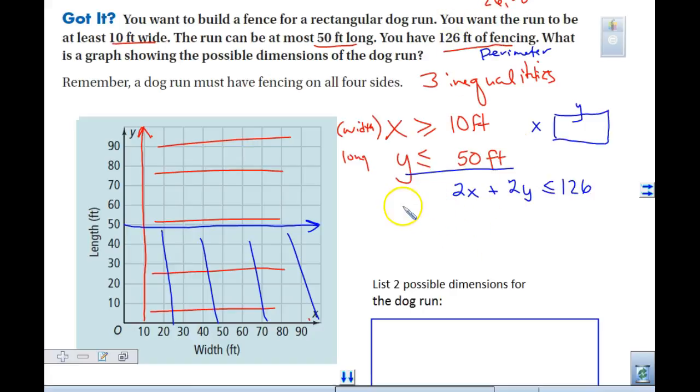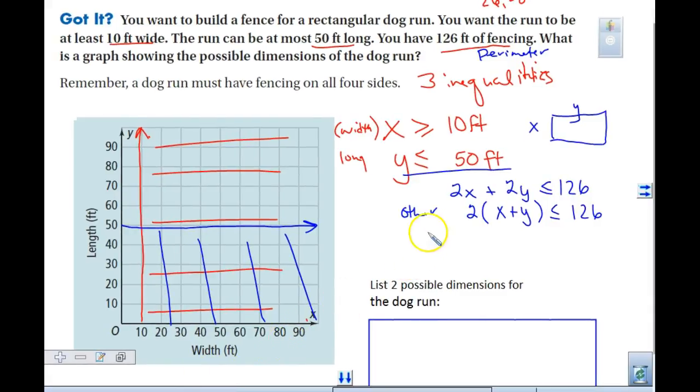The other way to write perimeter is to think of it this way: 2 times x plus y is less than or equal to 126. Do you agree that those are the same equations? Okay. So when I look at those as being my same equations, to me, the second one is the one that I want to solve.